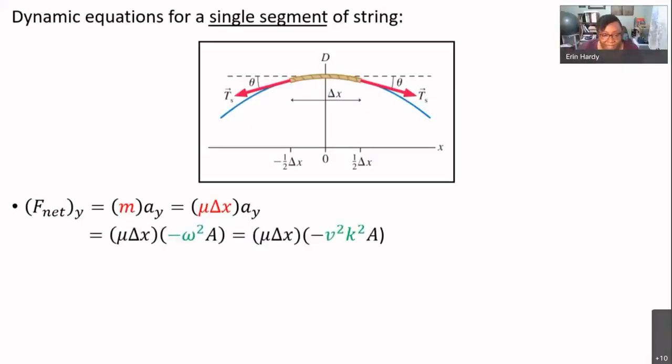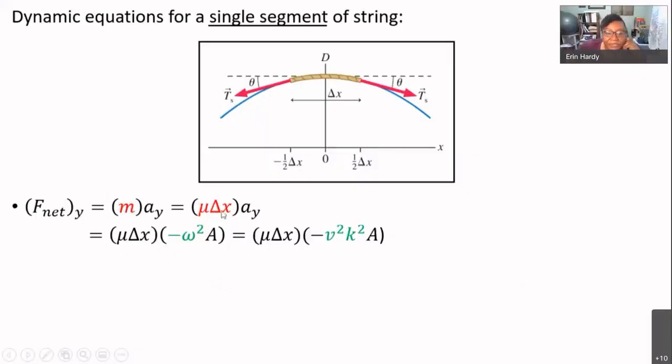We can play around with this a little more. We can stick with our wave number, which is what's being indicated here with the green text.